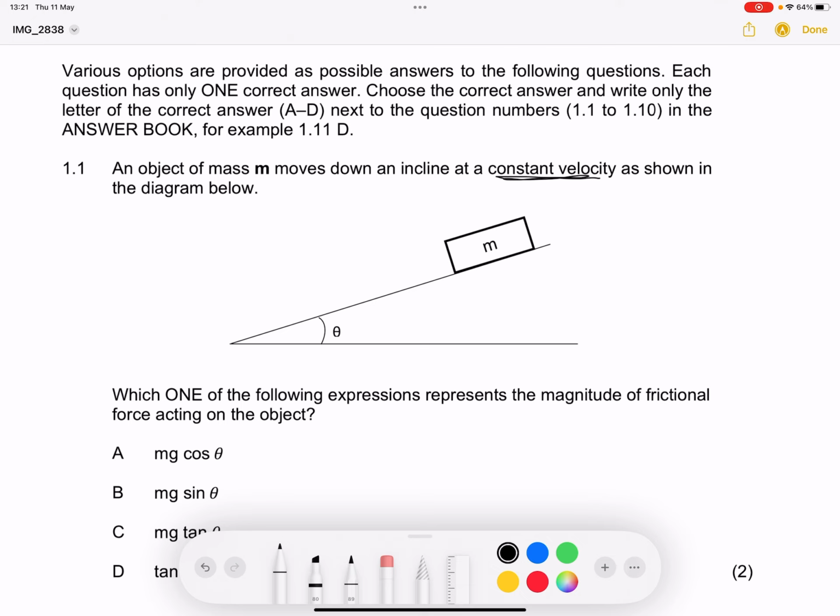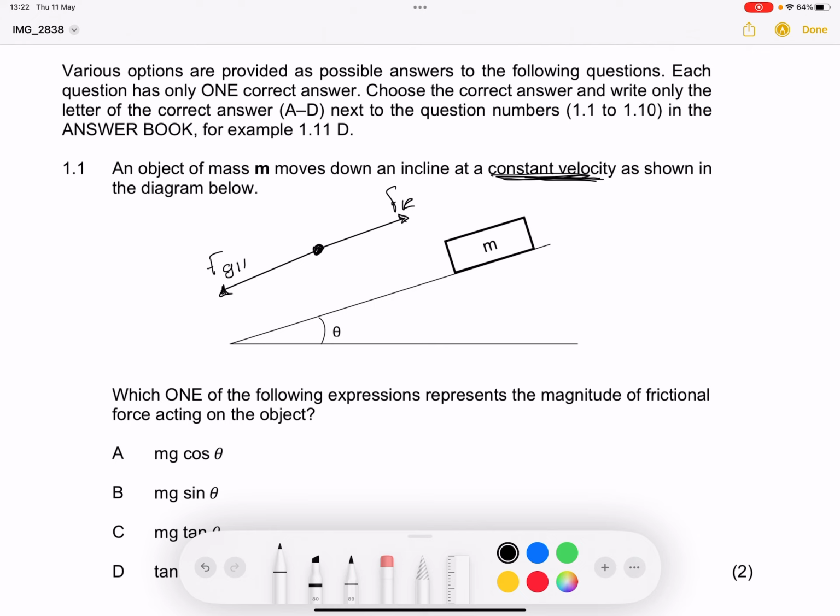So, if we take this object going down the incline, it would mean that parallel to the incline, it is the parallel component of gravity that is pulling this thing down the incline. But we also have the frictional force. For it to move at a constant velocity, those two forces must be balanced.